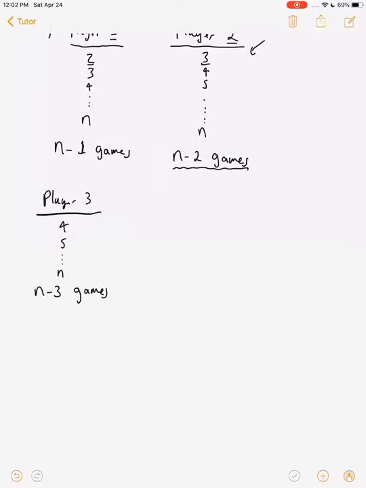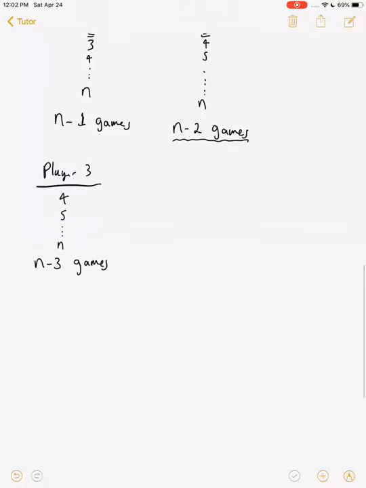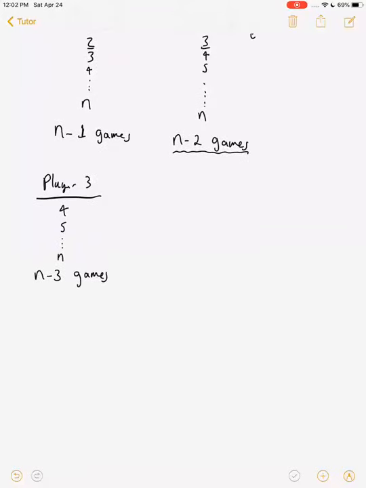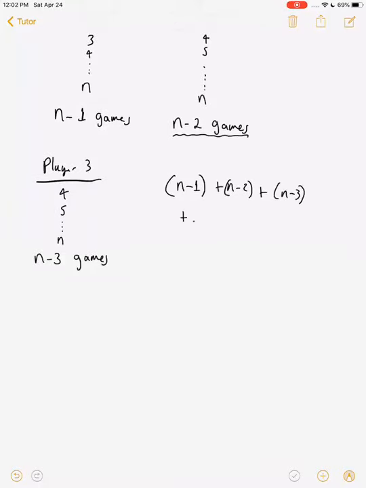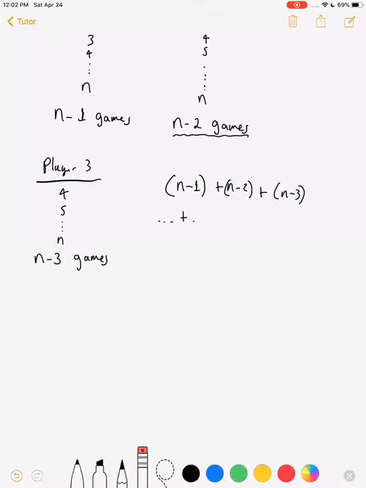So you get the idea here. To get the total number of games, we're going to add the first n minus 1 games plus n minus 2 plus n minus 3, and we'll keep going down until we're eventually left with 2 games and then 1 game.